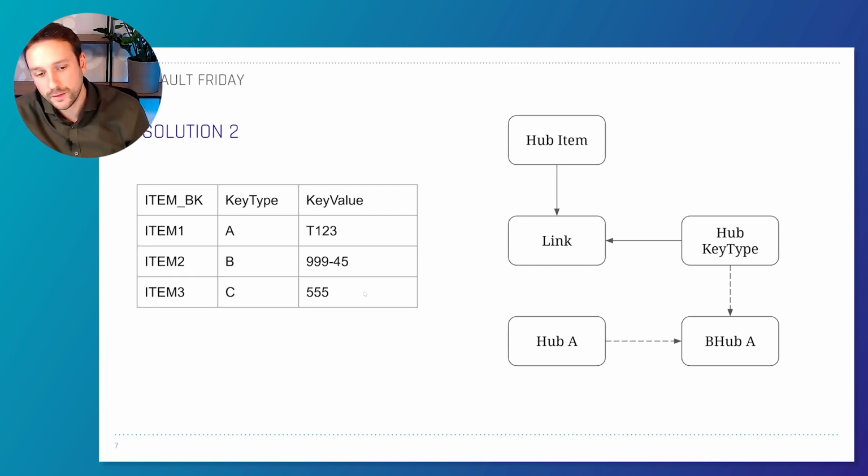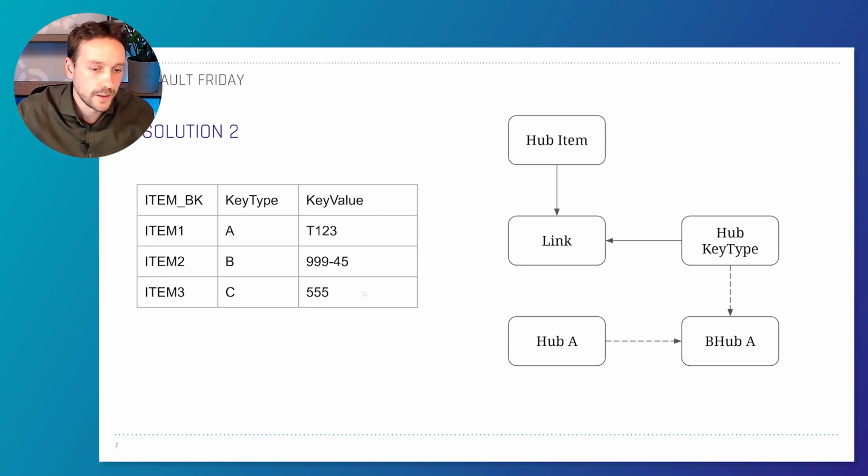Because if you can't make sure that it doesn't overlap, you need the key type additionally to uniquely identify one business object. So here you're gonna add the key type and the key value for the hash key input for the one hub, and you load everything into the hub. Item business key, you still load into the hub item, and then you have the link in between.